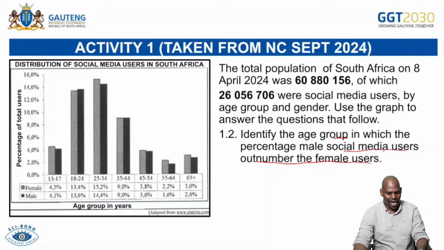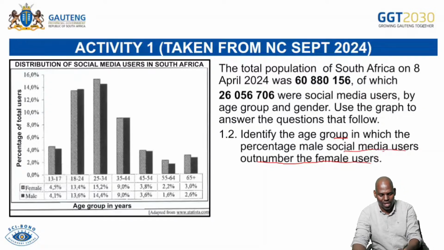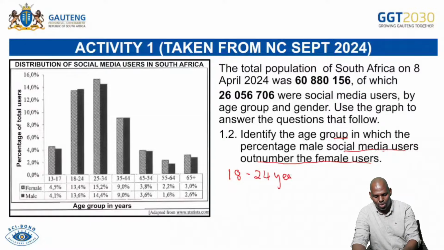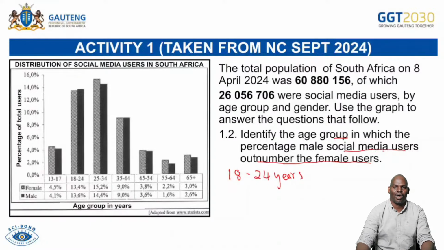Okay, let's check. 18 to 24, the male outnumbers the female, the percentage of males outnumbers the percentage of females. So we can say 18 to 24 years. So that is by just reading from the graph.